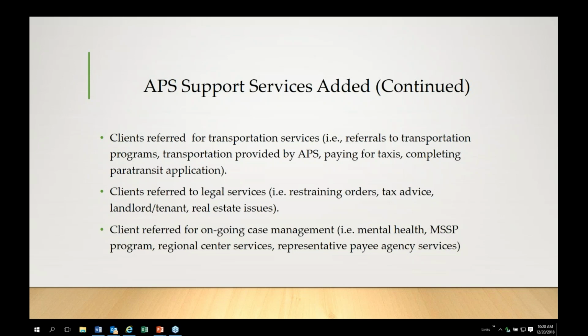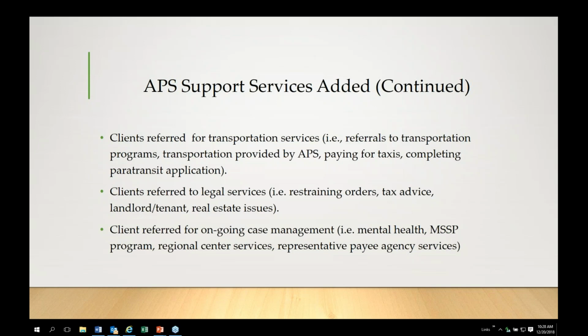The next supportive services we're counting is clients referred for legal services. So this is restraining orders, tax advice. You see the list there. This would include if you are getting the APS restraining order and doing all that work there, you want that included. But it's any kind of legal services we want captured here.